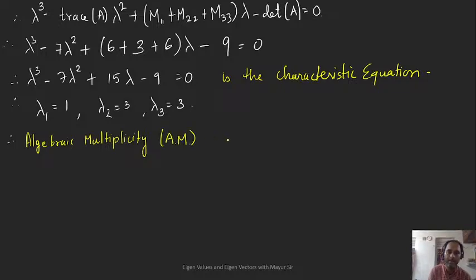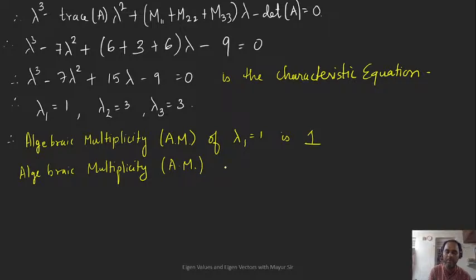AM of lambda 1 equal to 1 is 1. Then AM of lambda 2 equal to 3 is 2. This is what we have.